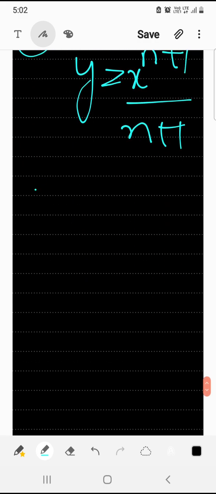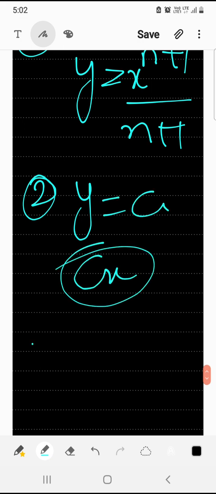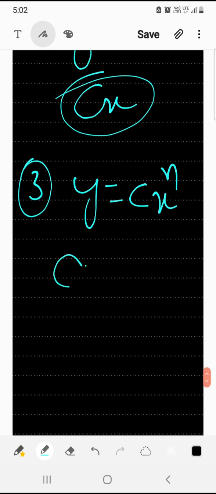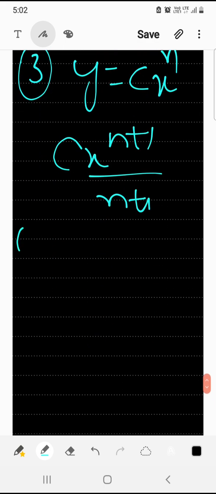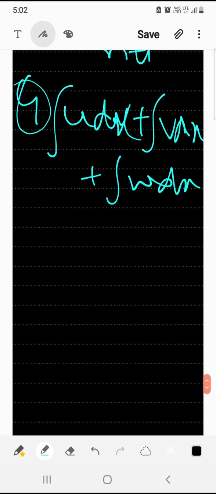The second is the constant, then it will be cx. The third, y is constant times x power n, so c x power n plus 1 by n plus 1. And the fourth, integrate term by term: integral of u dx plus v dx plus w dx, like that it will come.